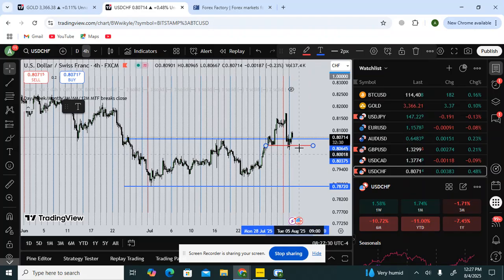So this is telling us that price is pulling back more, like it's kind of reversing. We don't know whether it's going to completely reverse. Nobody knows that, but it's indicating that price will be going down further.